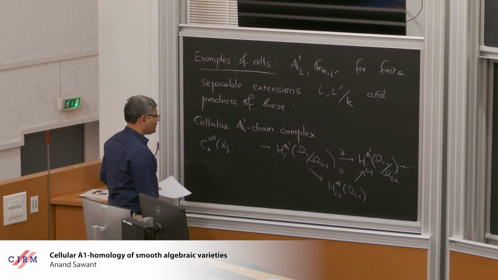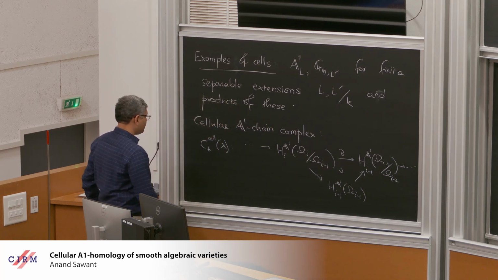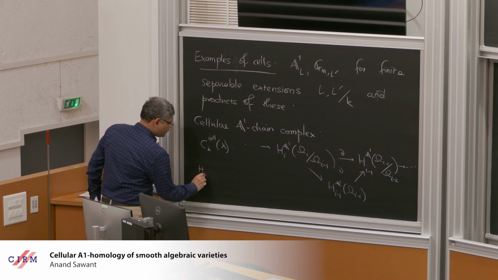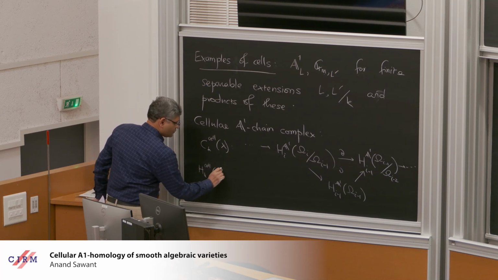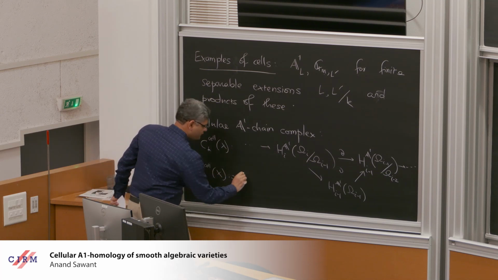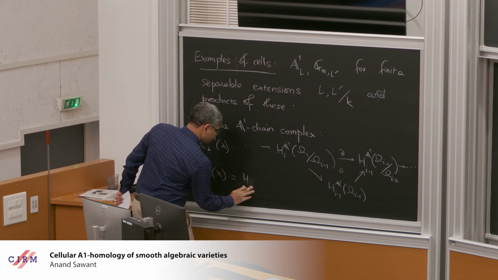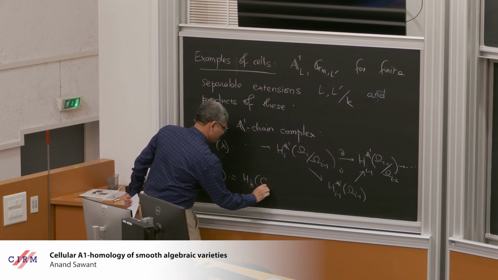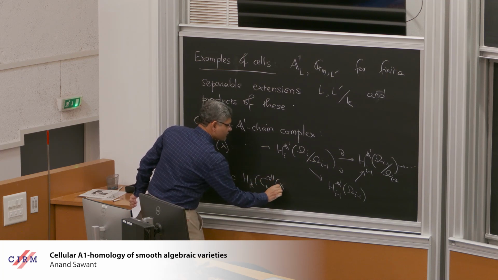And then by construction, you can see that this is a complex. In our previous work, we defined the cellular homology of a cellular X to be the homology of this cellular complex.